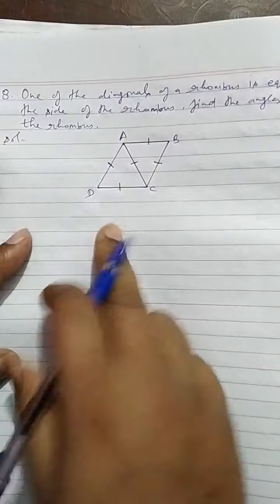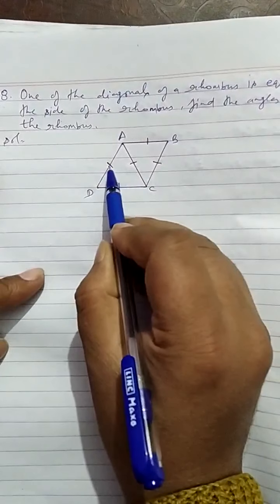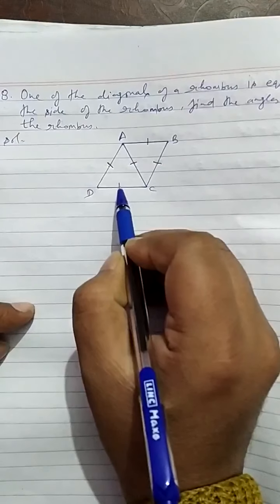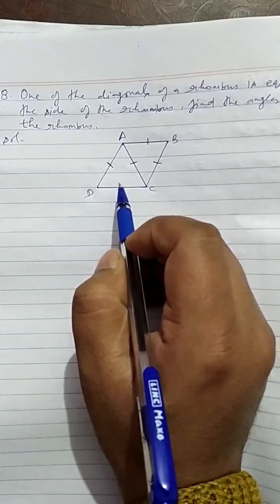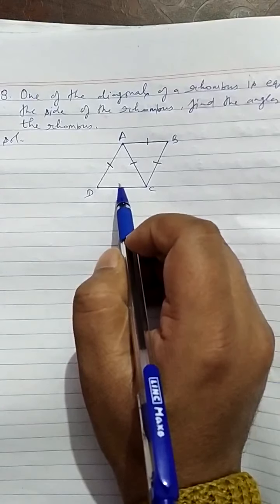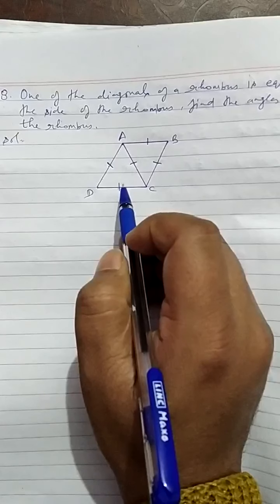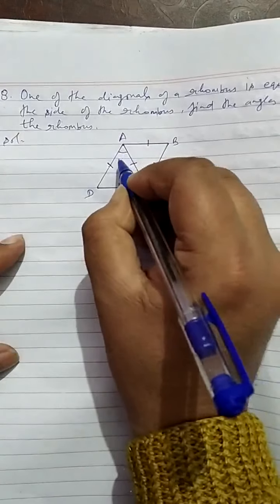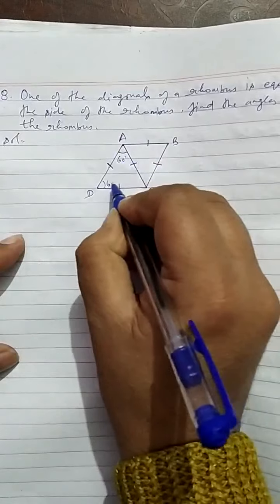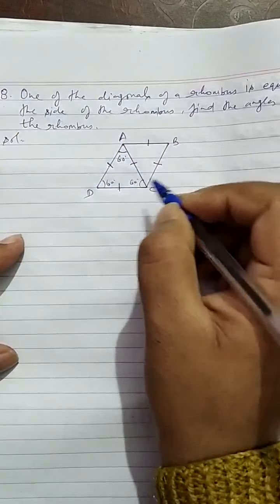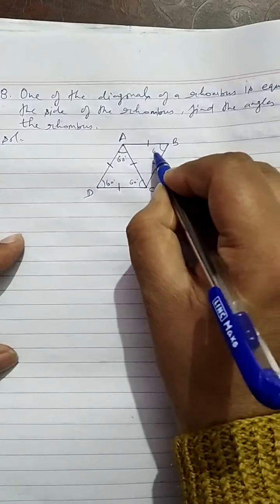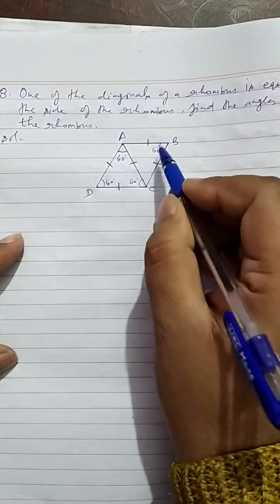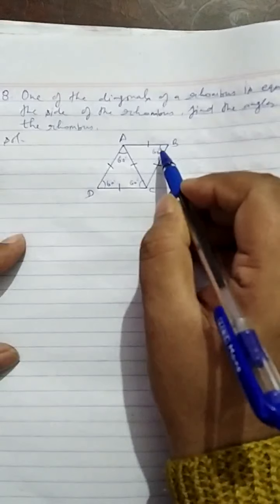Now you know that when three sides of a triangle are equal, they make an equilateral triangle. An equilateral triangle has all the angles 60 degrees. So this is 60 degrees, 60 degrees, 60 degrees, and this 60 is copied here because opposite angles of a rhombus are equal.